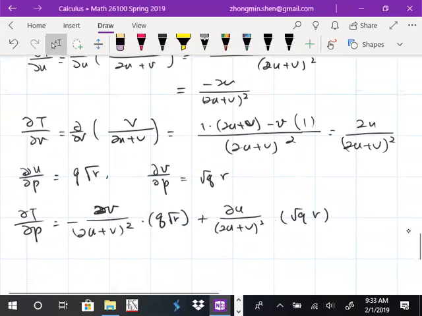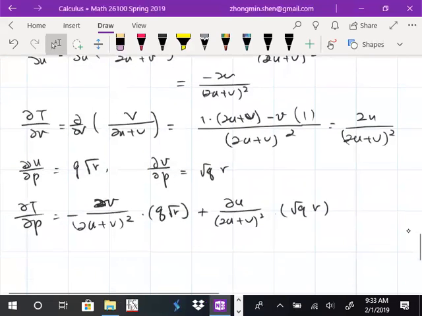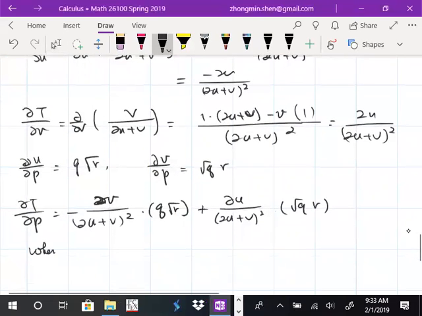We have to evaluate when P equals 2, Q equals 1, R equals 4. What do you get?